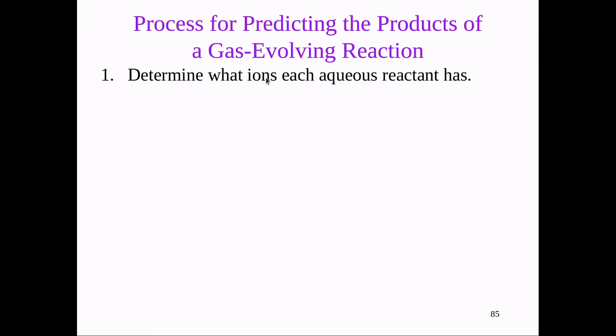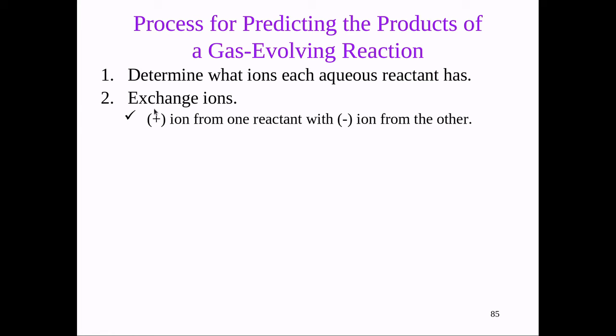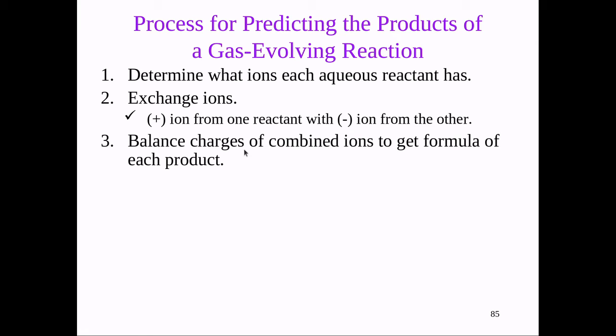Let's go through the process for predicting the products of a gas evolution reaction. First thing we're going to do is determine what ions each aqueous reactant has. Then we're going to exchange those ions like we've been doing so far. We'll balance the charges to make sure that we have neutral species. We'll check to see if either product has H2S in it.